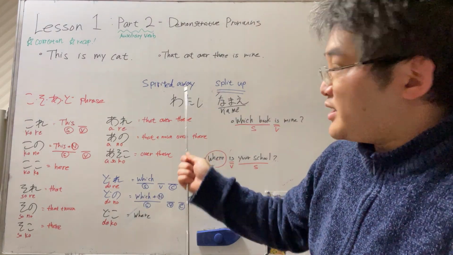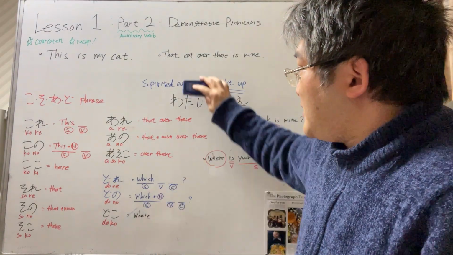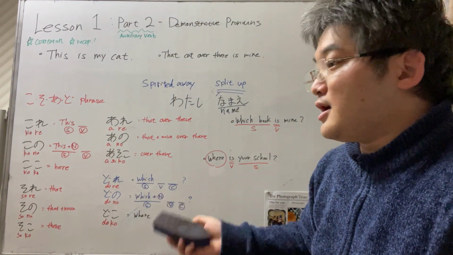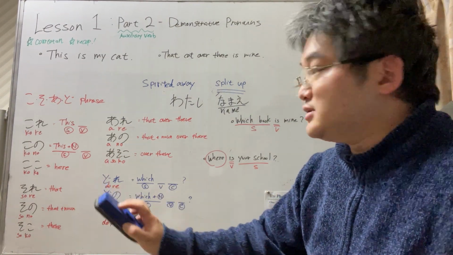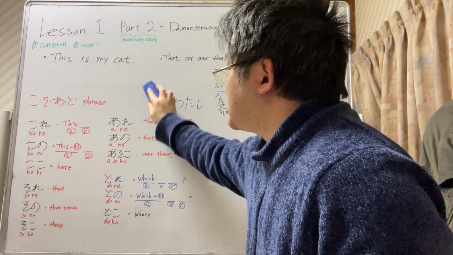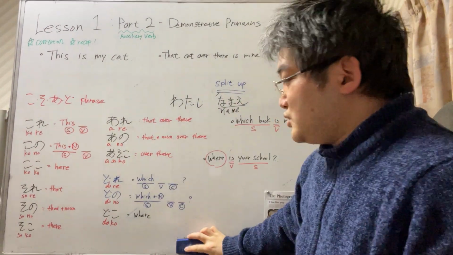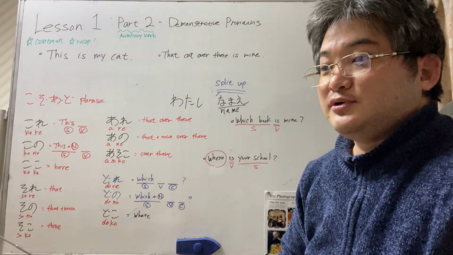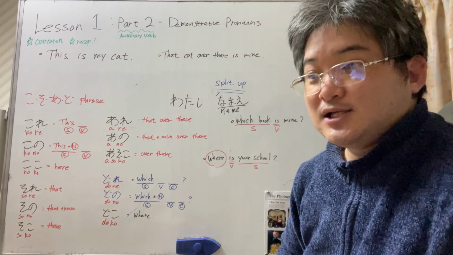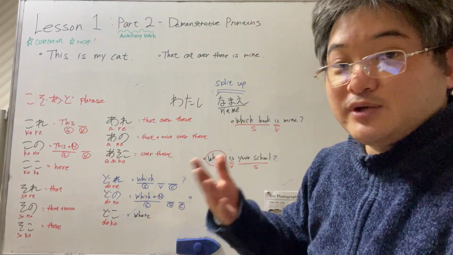So I just wanted to make a correction. It's Spirited Away. The movie, the girl's name is split up, and so it's a good way to recap what the no particle does and how it behaves.